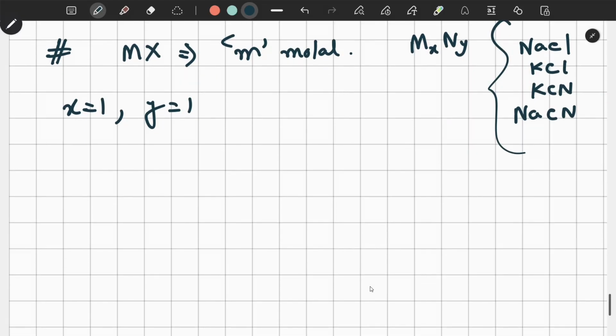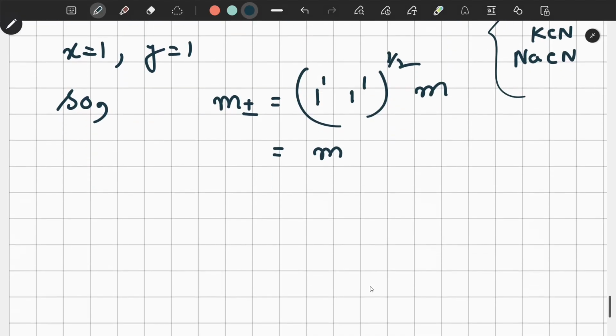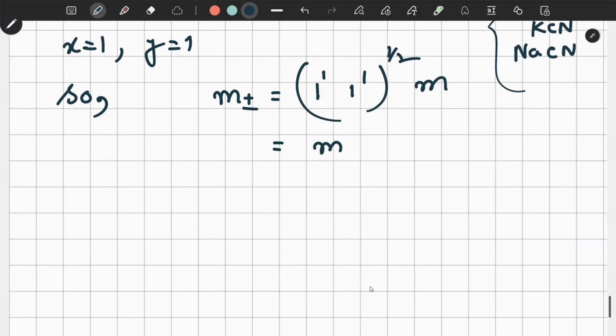So what will be our m plus-minus now? X to the power x, y to the power y, so 1 to the power 1 under root 1 to the power 1 by 2 times m. So it will be m.